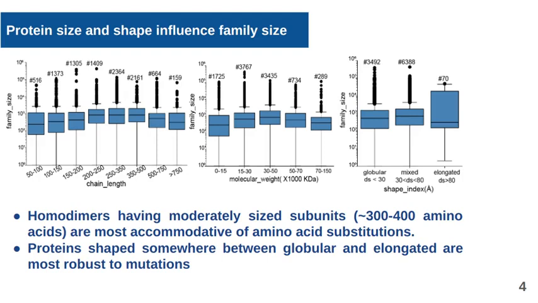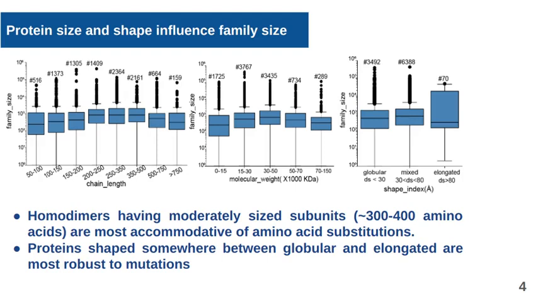So, when we look into protein size and shape, we observe that family size increases with increasing subunit length and molecular weight up to a certain point, and then it decreases. This indicates that very small or very large subunit proteins are sensitive to mutations and are less evolvable than moderately sized ones.